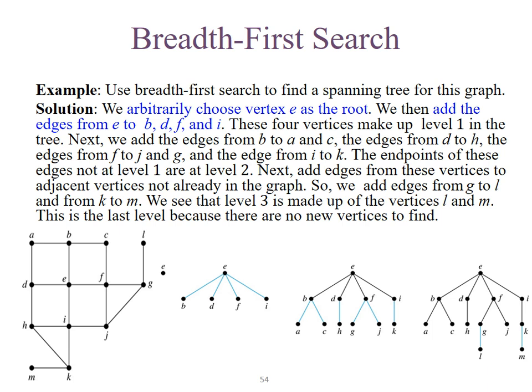So in this case, you can see once we consider as breadth as possible, then at first level, we can visit four vertices, B, D, F, and I. And then for the next level, we can further expand from our previous vertices to other vertices, A, C, H, G, and K. And in the end, A cannot visit any more vertices, because we already have B and D in our tree.